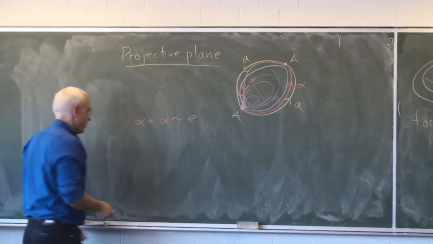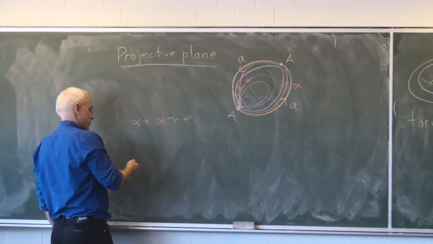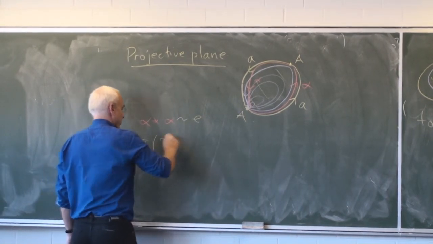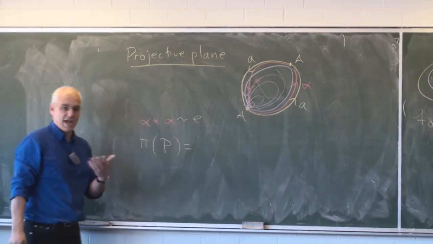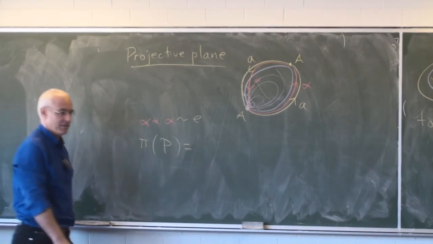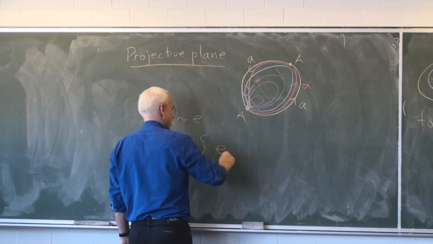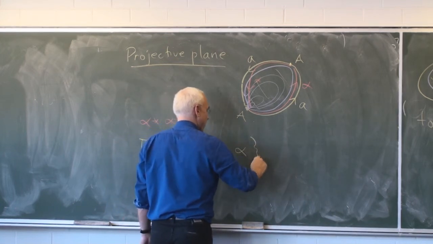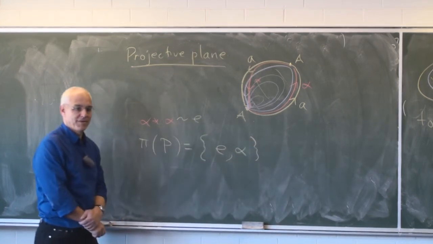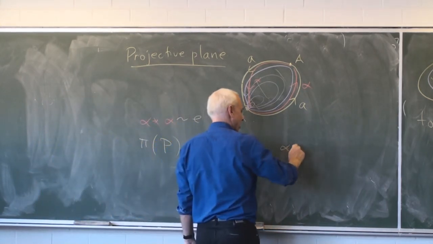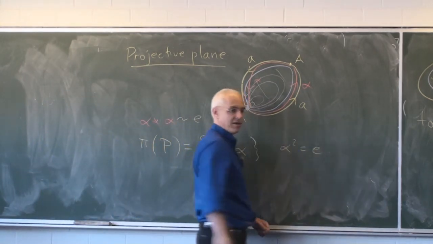So this group, pi of the projective plane, really only has two elements in it. If we think of it as a set, it's got e and this alpha. And the only non-trivial multiplication is that alpha squared is e.